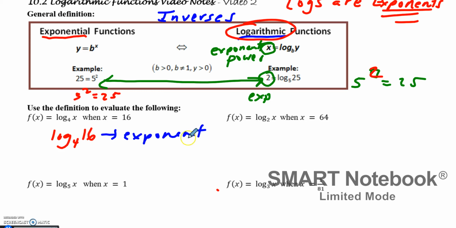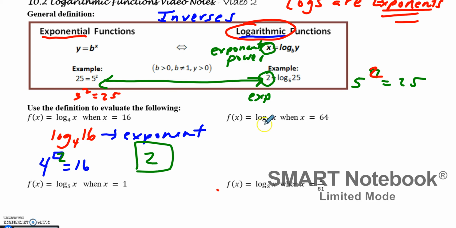We don't know the exponent, but we do know that this says log base 4, and in the exponent world, we write the base as 4. I don't know what the exponent is, so I'm going to put a box there, but I do know that it needs to equal 16. If we think backwards, 4 to the what power equals 16? That's 2. So log base 4 of 16 is 2, because that's the exponent that makes it true.